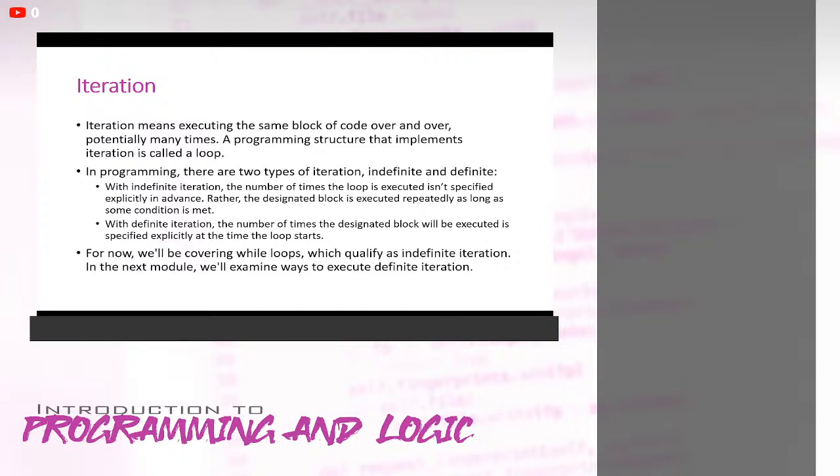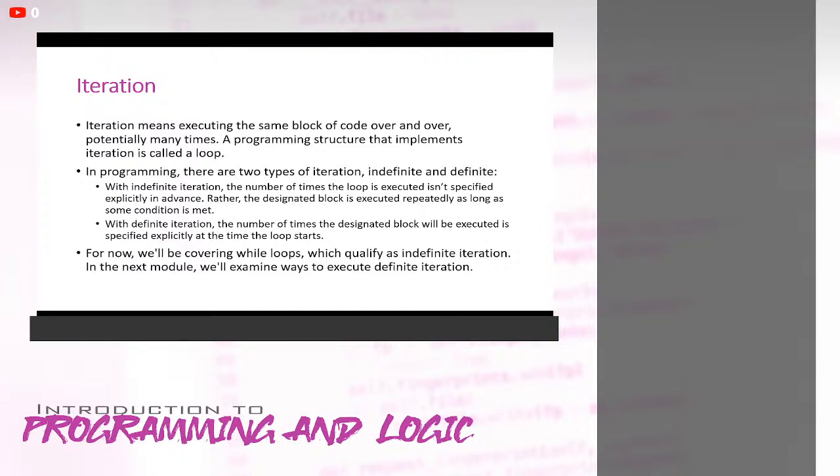So it could feasibly run forever if the condition is never met. The designated block is executed repeatedly as long as some condition is true. This is what we're working with in a while loop. With definite iteration, the number of times the designated block will be executed is specified explicitly at the time the loop starts.